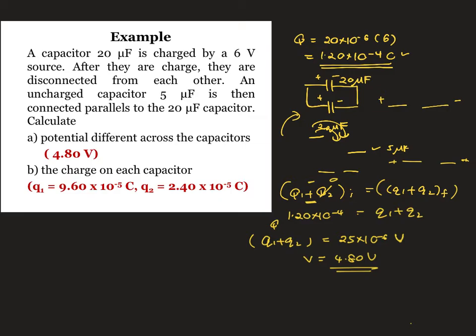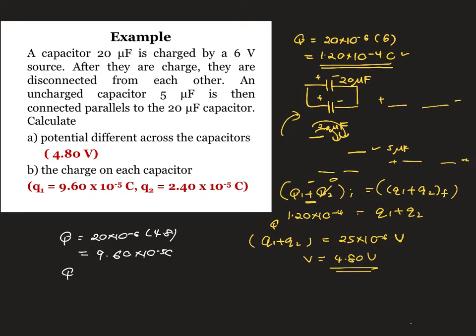Okay, so once you already get the voltage, definitely you are going to get the charge. You just use Q = CV. So you need to find the Q at 20 microfarad. I'm going to use 20 × 10^-6 with the voltage of 4.8. So you are going to get 9.60 × 10^-5 coulomb.